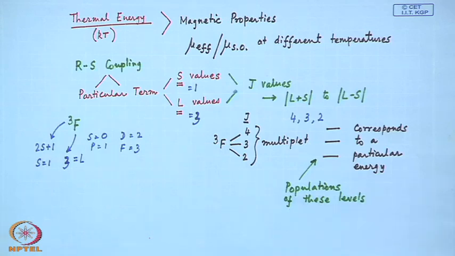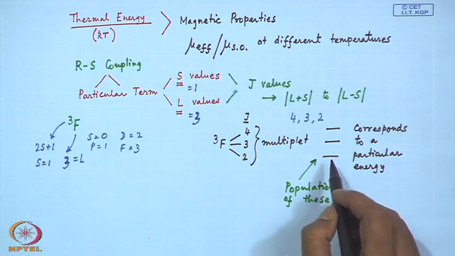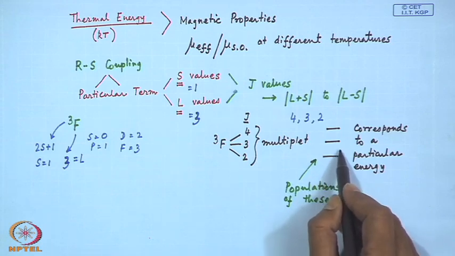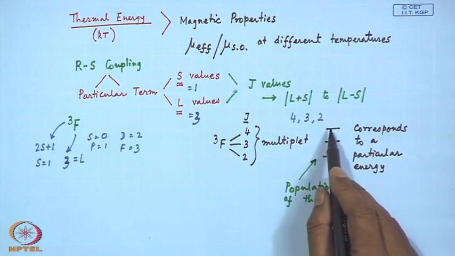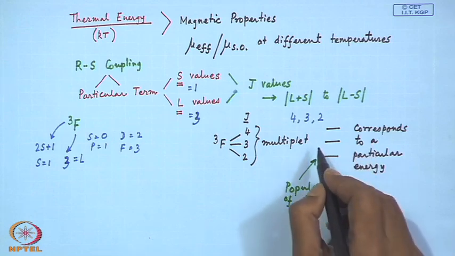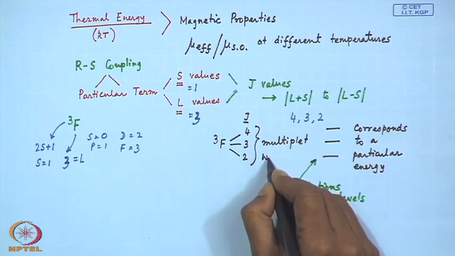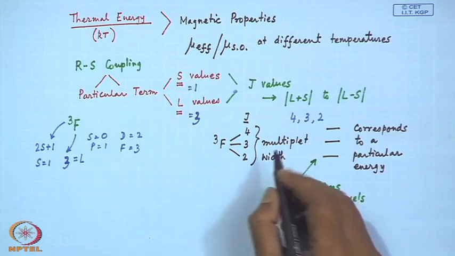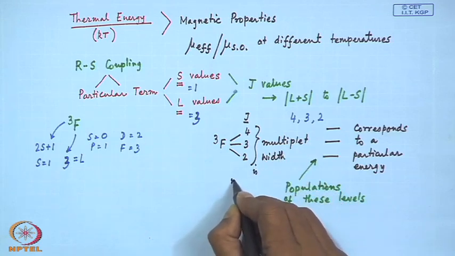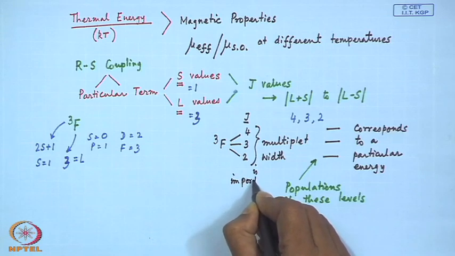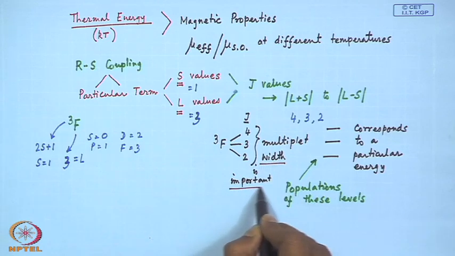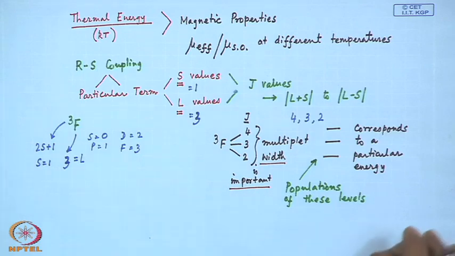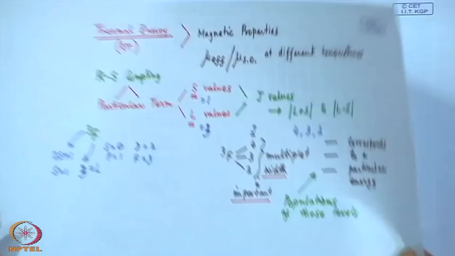The population of these levels gives us some idea whether our magnetic moment will be due to the population of the ground state, the excited state or the second excited state. So, in this case, the multiplet width is important. We will see how this multiplet width can control the corresponding magnetic moment and what formula we can use to determine this multiplet width.